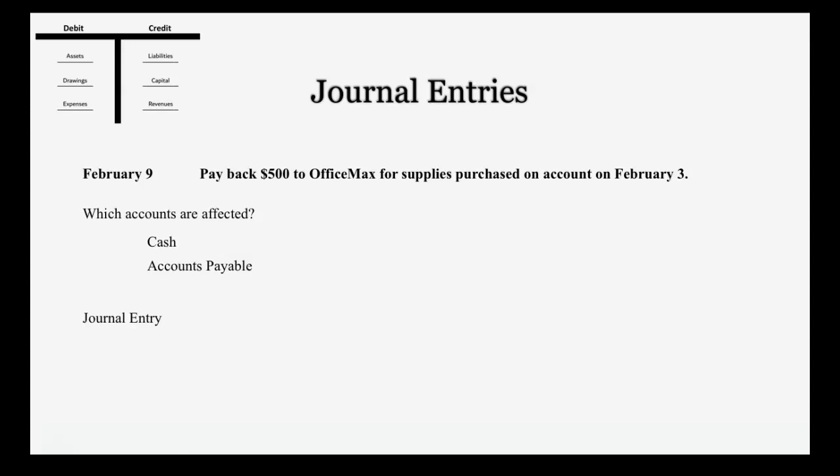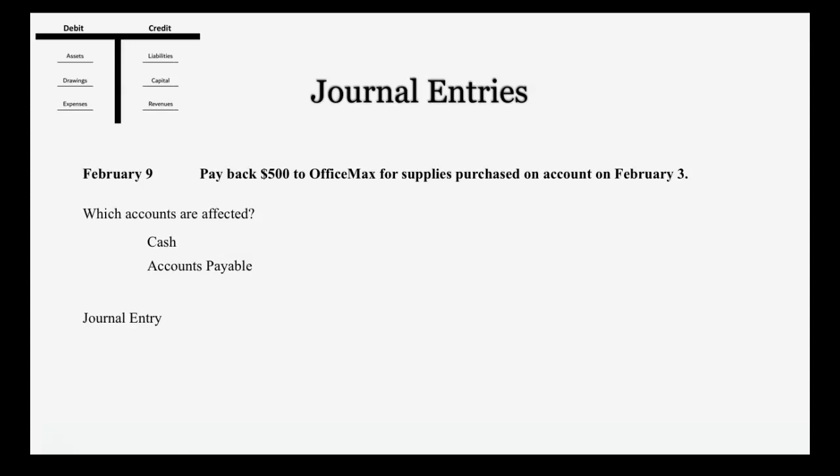So we need to show that our cash is decreasing. Now, cash is an asset, and we see in that chart that assets increase with a debit. But to decrease an asset, we do the opposite. So we're going to end up crediting our cash in this entry.